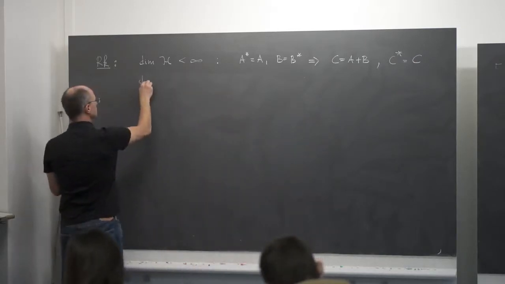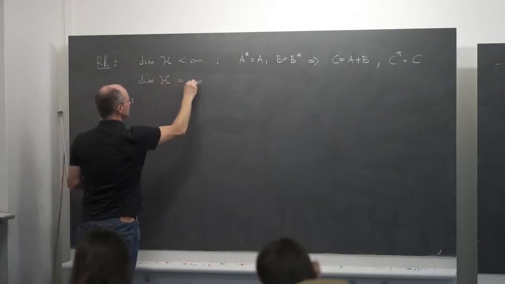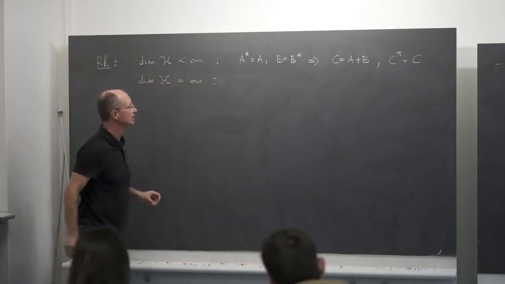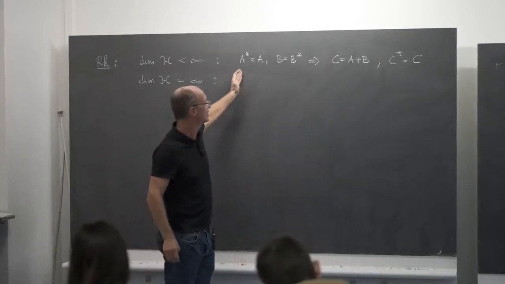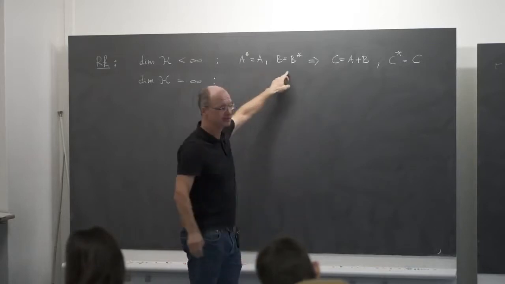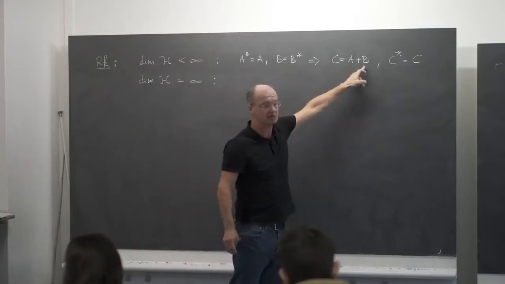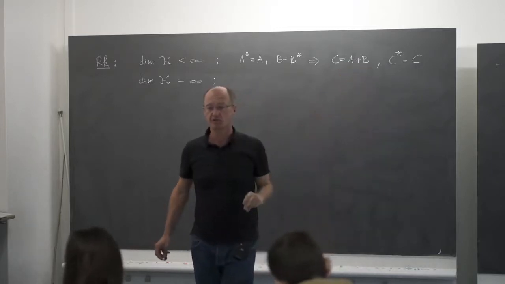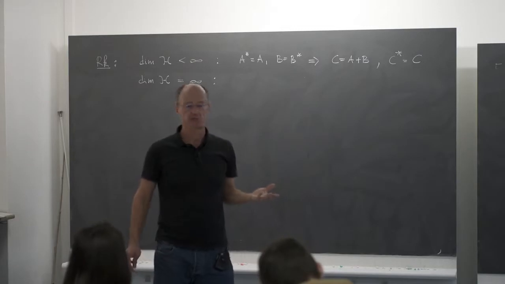Well, if the dimension of H is infinite, this doesn't quite work so easily. That's because all those operators a priori have domains. So A plus B is naturally defined on the intersection of the domains. But the intersection of the domains may be not dense, or maybe just zero, right?